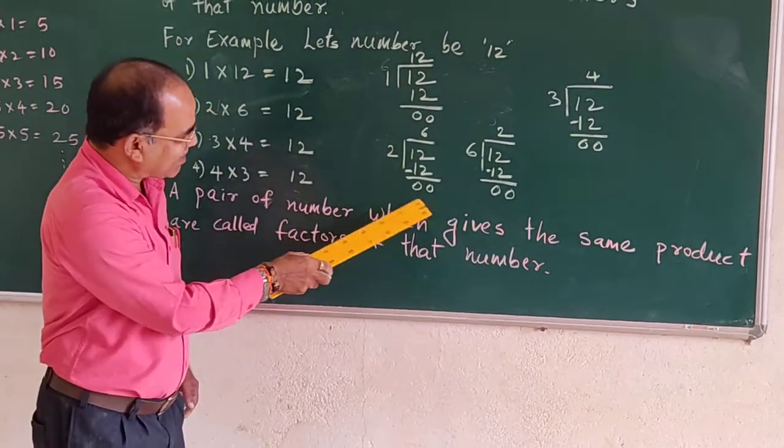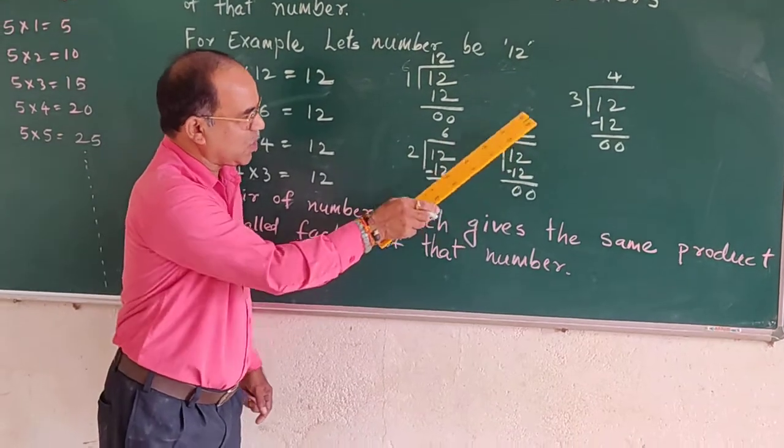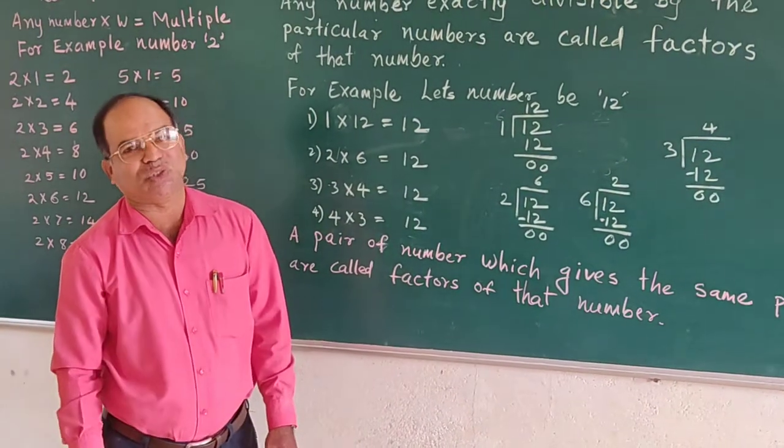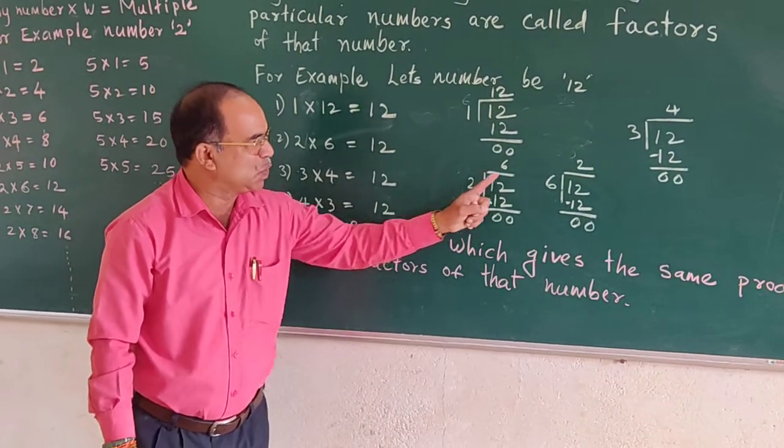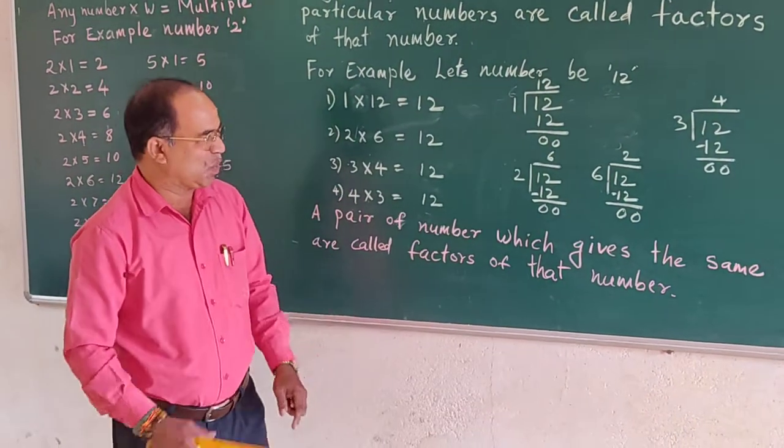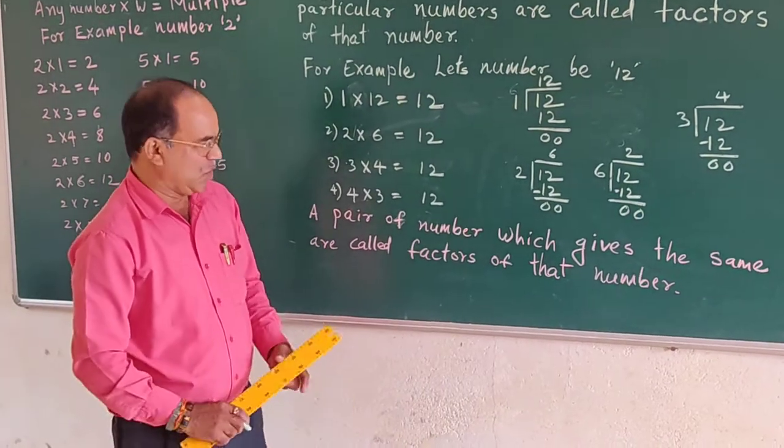In all examples the remainder is 0. That means 12 is exactly divisible by 1, 2, 6, 3 and 4. So all these are the factors of 12.